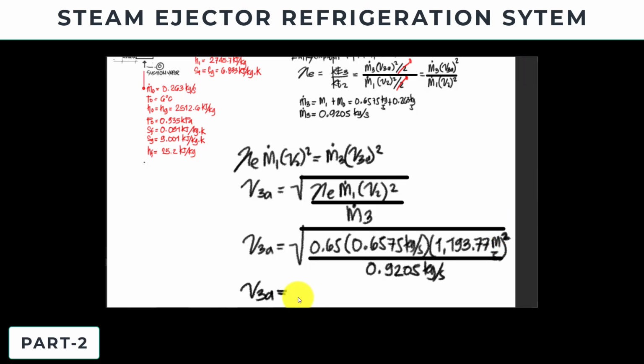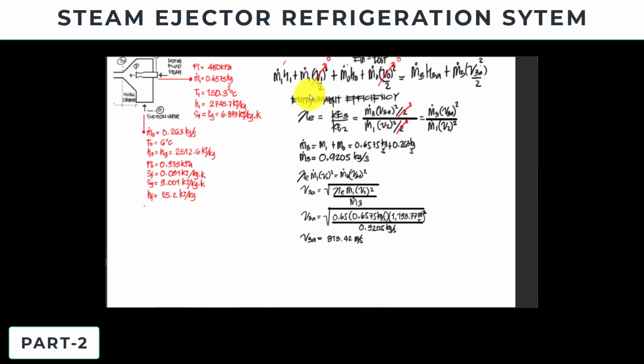So I have the value of 813.42, and this is meter per second. Now from our energy balance, we have already completed the other variables of the equation.